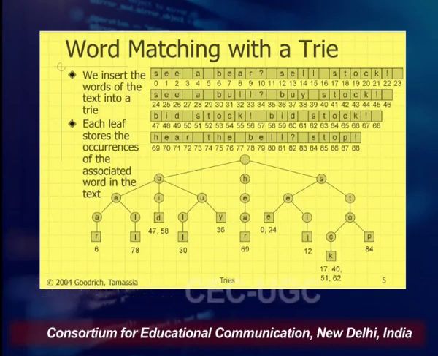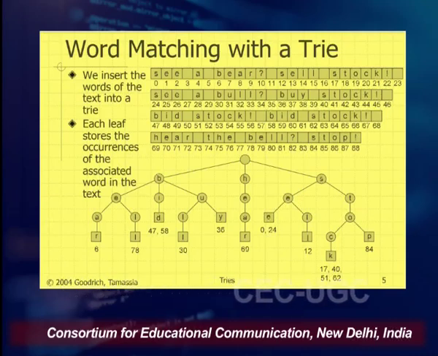This text is arranged in the form of an array, provided with an index starting from 0 and ending at 88.